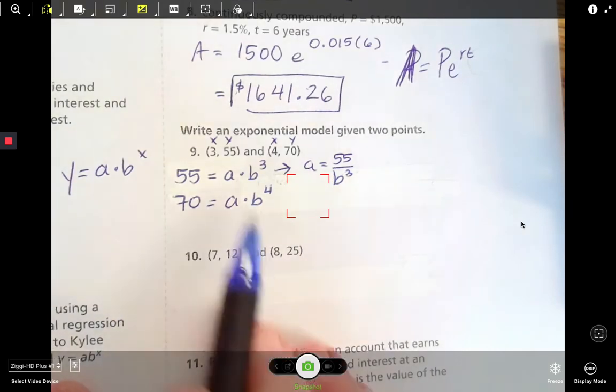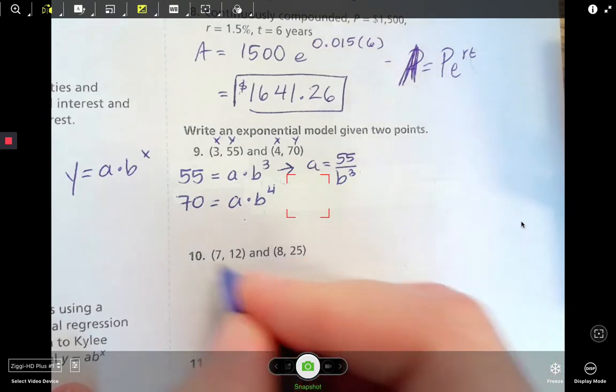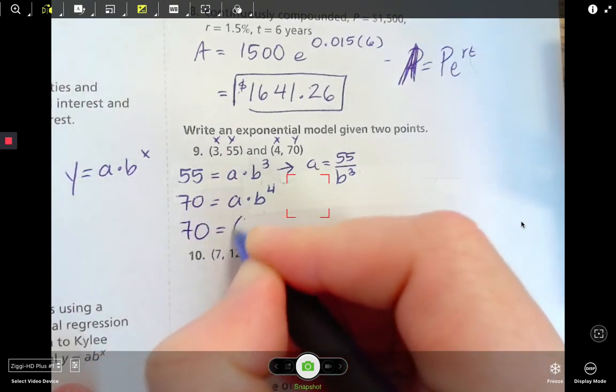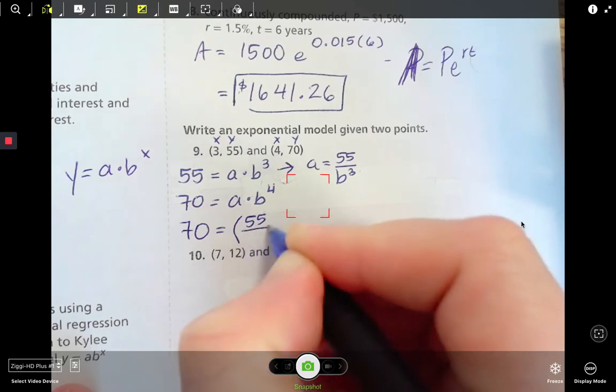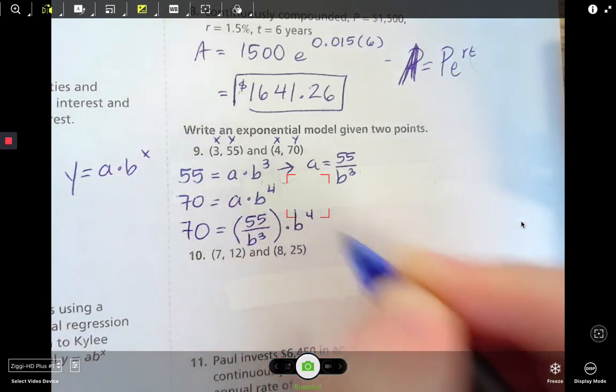Now anywhere I have an a in the second equation, I'm going to plug in 55 divided by b to the third. So 70 is equal to 55 divided by b to the third times b to the fourth.